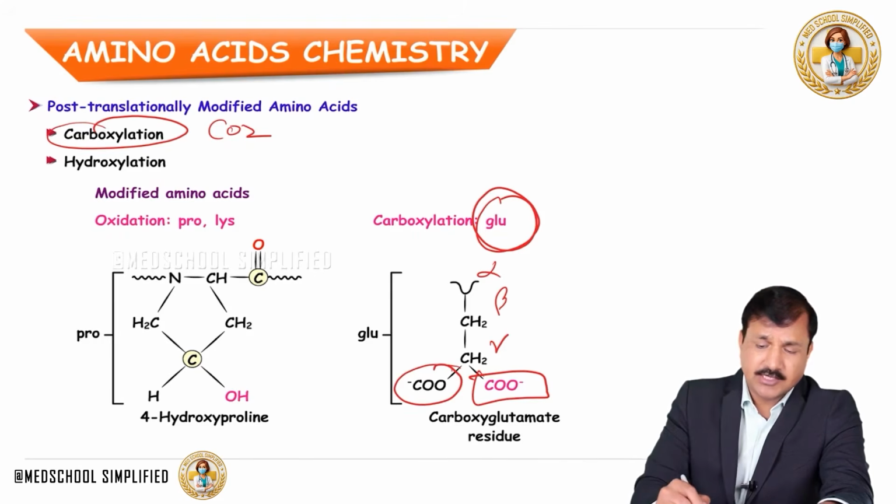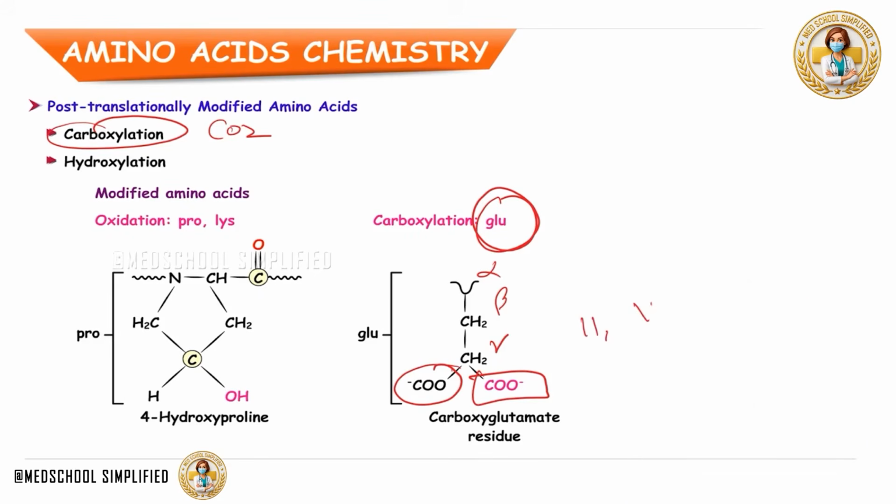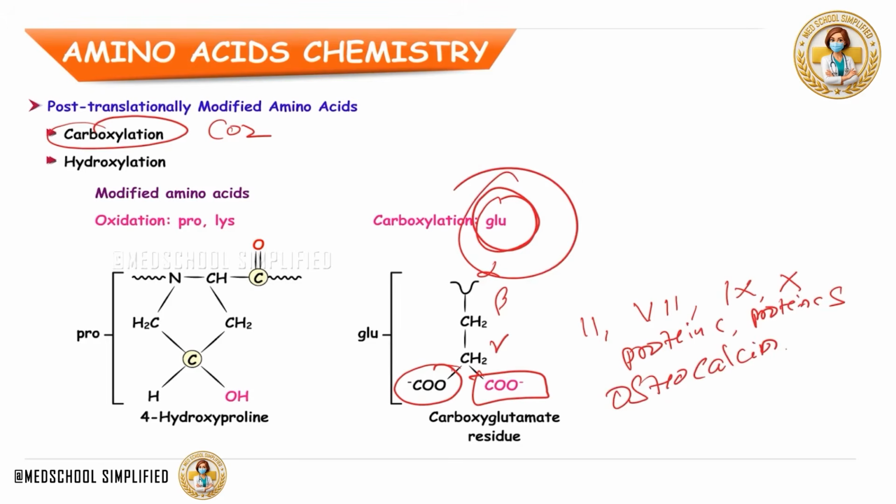Generally, gamma carboxylation of clotting factors 2, 7, 9 and 10, protein C, protein S, matrix GLA protein, osteocalcin, all of them will undergo gamma carboxylation of glutamate residues. Okay, that's an example of the carboxylation process.